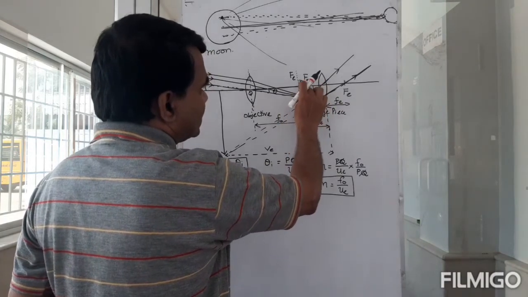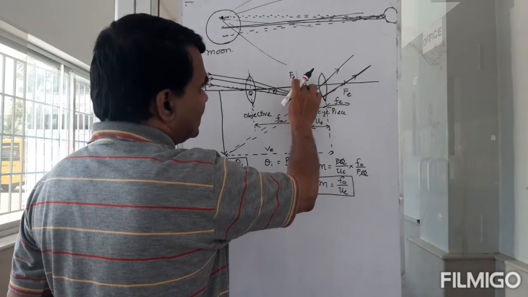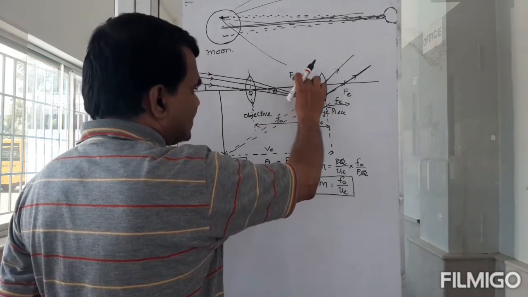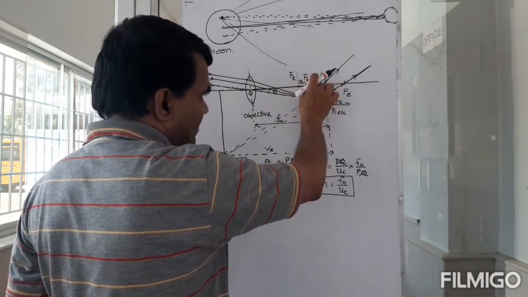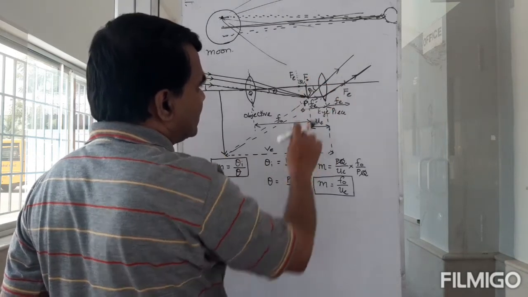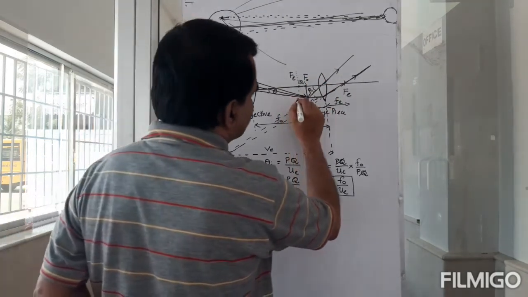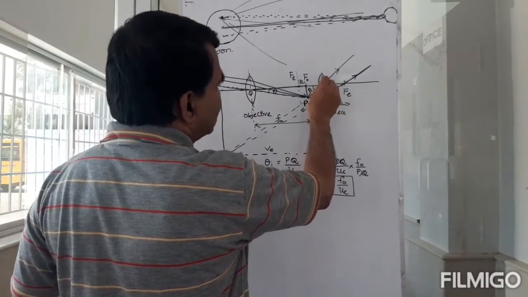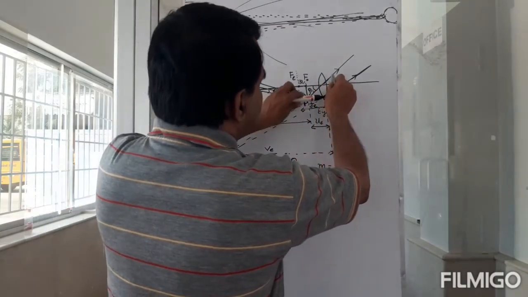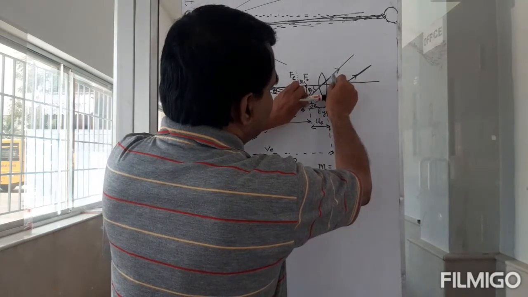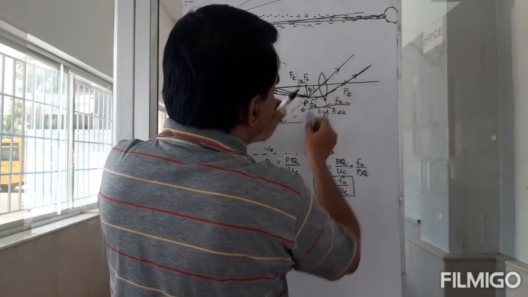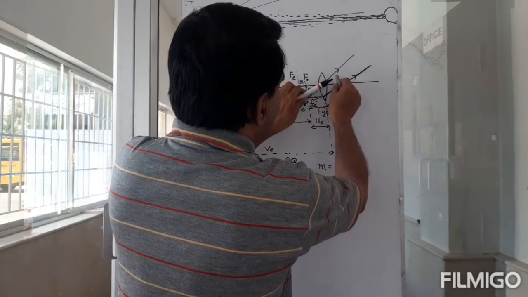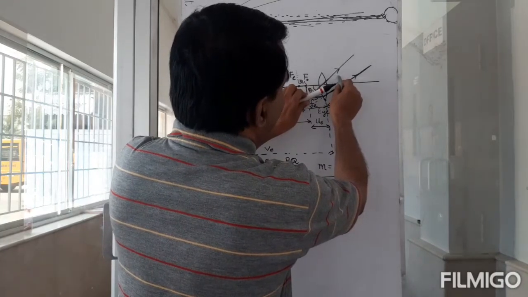And if I keep it at any other place closer to the lens, then you see that angle is going to increase. The same object, if I keep the lens here so that this is going to be its focal length, then this object is going to make an angle like this.